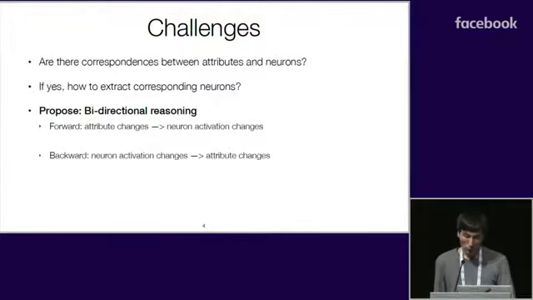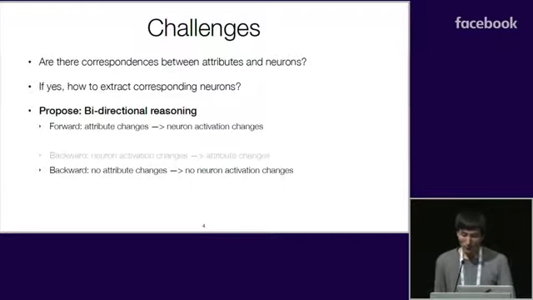For the backward reasoning, we change the neuron activations and observe whether the attributes change. However, this is very hard to achieve in practice. Thus, we resorted to another logically equivalent reasoning procedure. That is, if the attribute does not change, the neuron activation should also not change.